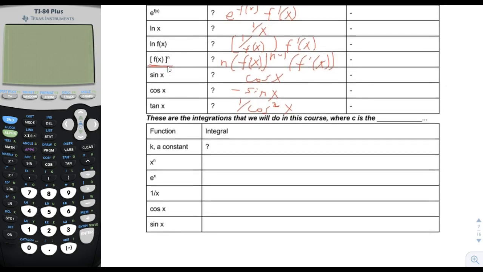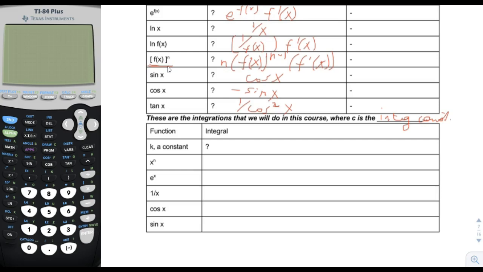Okay. Now, we've just reviewed all the derivatives that we know. Now we're going to talk about the integrals, which are just the opposite. So these are the integrations that we will do in the course, where c is the integration constant. We talked about c in a previous lesson.